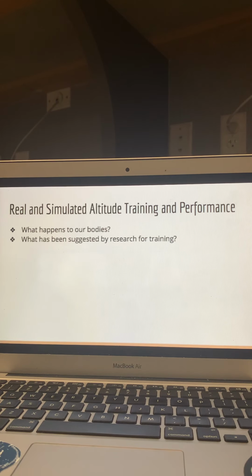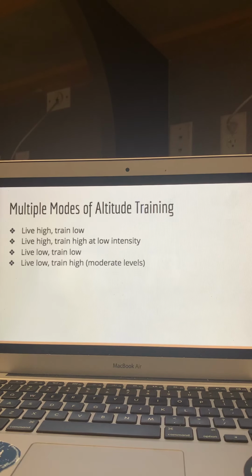So, different modes of altitude training. There is live high, train low; live high, train high at low intensity; live low, train low; and live low, train high, but at moderate levels.